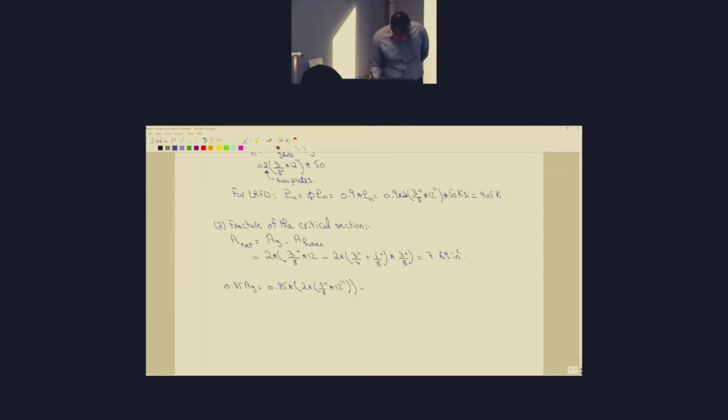So this is 7.65 square inches. So actually your actual net area is 7.69 square inches, but 0.85 of the gross area is smaller than this value. It's 7.65. So actually when you design those plates for fracture, you're going to use the 0.85 gross area.